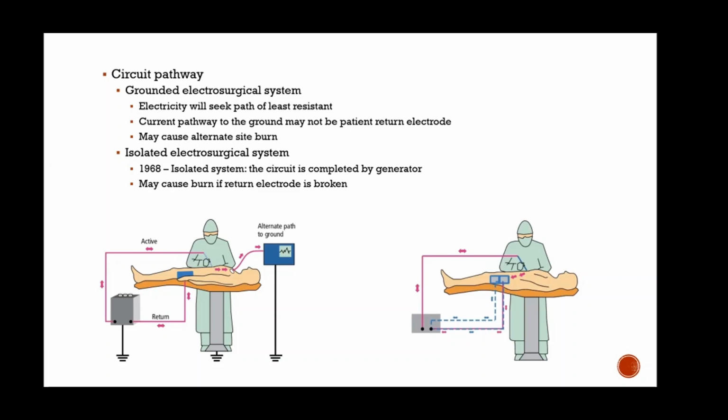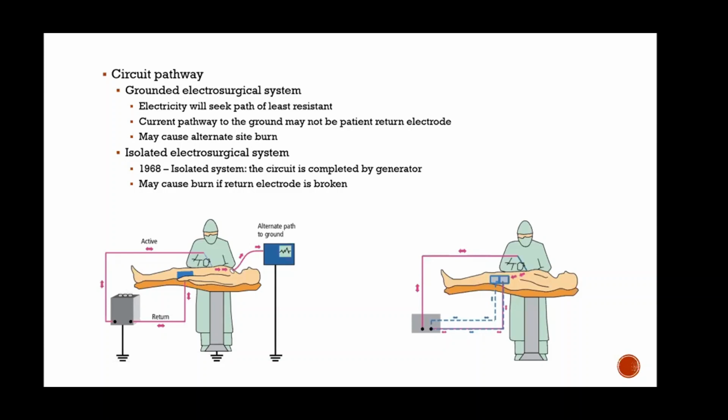The alternate ground is to prevent the electric current from going to any alternate device, for example your ECG pad, because if it goes to the ECG pad, it can cause a burn over that pad. But as the technology evolved in 1968, we have the isolated electrosurgical system.